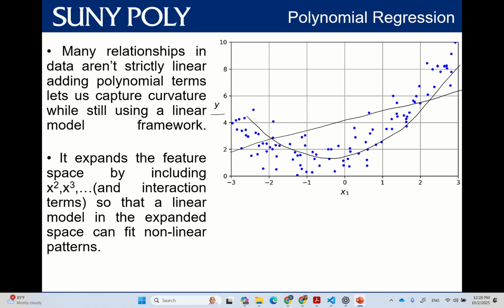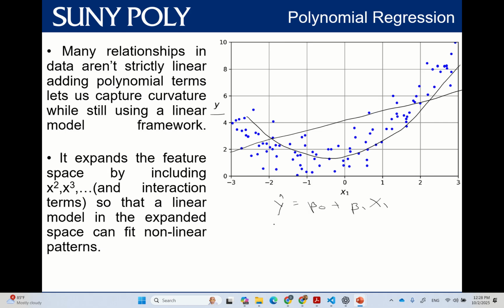Now, the nice thing about the polynomial regression, which we're going to introduce now, is that it is still linear. So let's say that we're trying to model first with, my first model was y hat equal to b0 plus b1x1. That's not a good model.